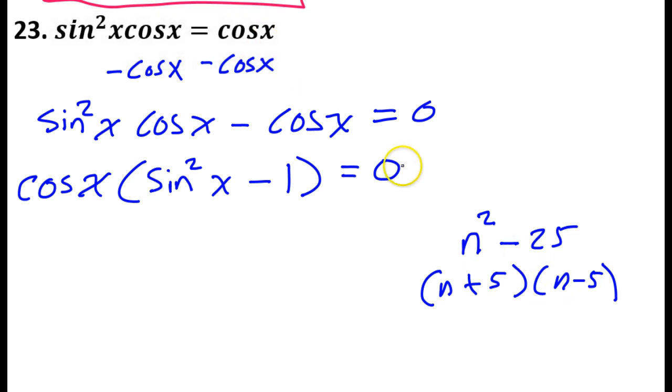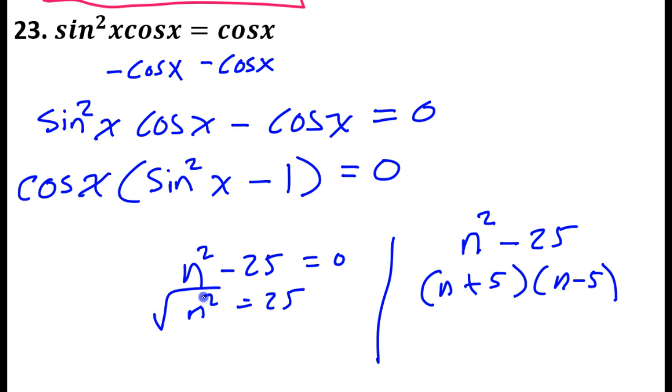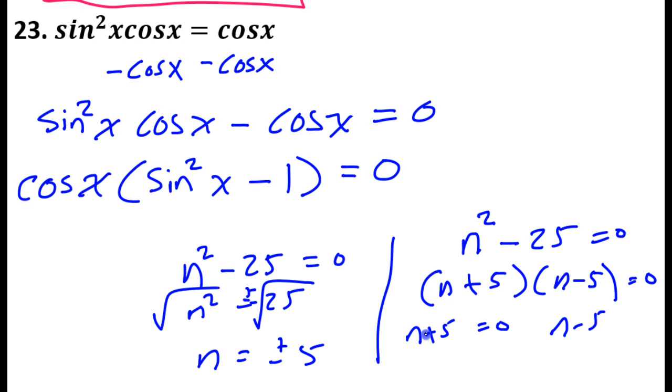If I have n squared minus 25 equals 0, I could add 25 to both sides and take the square root, and I'd get n is equal to plus or minus 5. But another option is I could factor it, set each factor equal to 0, and get n is equal to negative 5 and n is equal to positive 5, same thing. So you have a choice, and that's the same choice that we're dealing with right now.